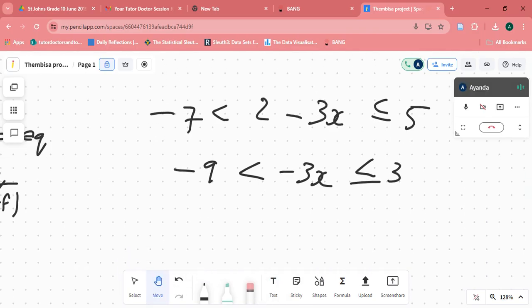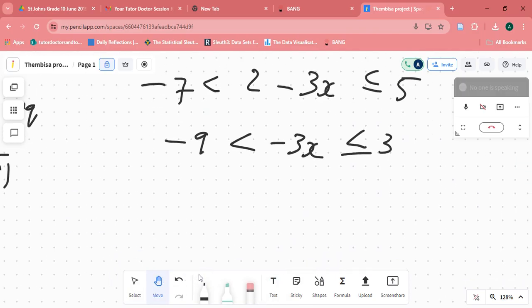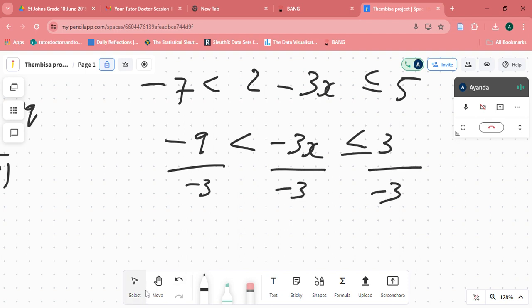And then move up a little bit. We're going to divide both sides by negative 3 to get x alone. So if we divide by negative 3 on both sides, the signs are going to change. This is going to be a greater than sign.